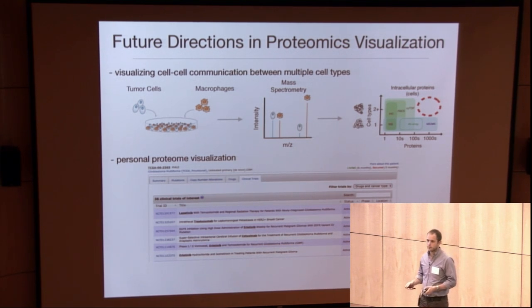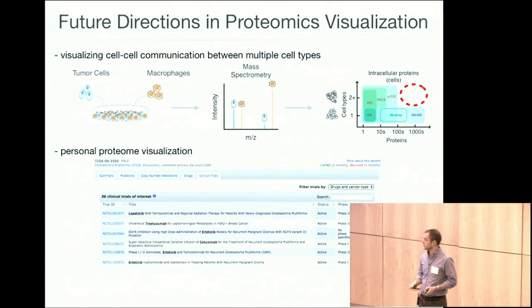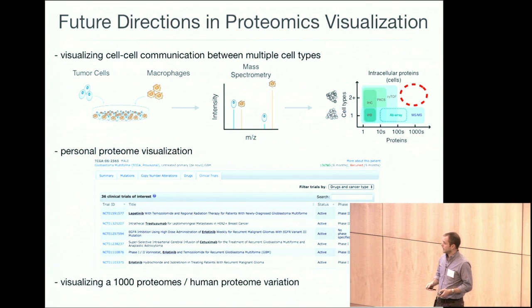So this is one step closer to the personal treatment idea. And finally, we're also going to have 1,000 proteomes soon, so we need to think about how to visualize that.